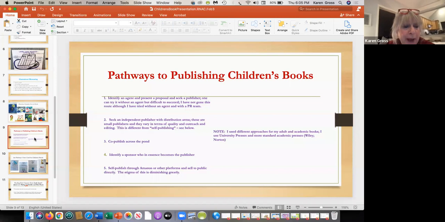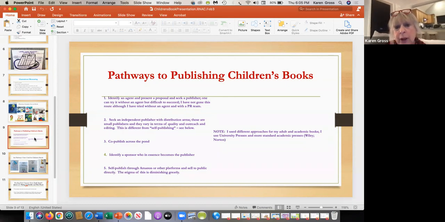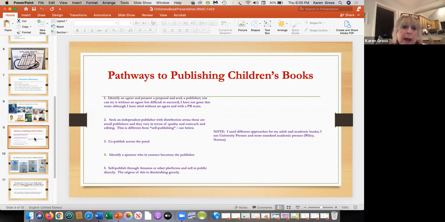But the best of them have access to outlets for the book, whether they're affiliated with a bookstore, so they can share the books and do book showings and book readings within their own facilities. They're linked in to Ingram, which is the independent publishing arm. So that's another route. I have done that with enormous success.